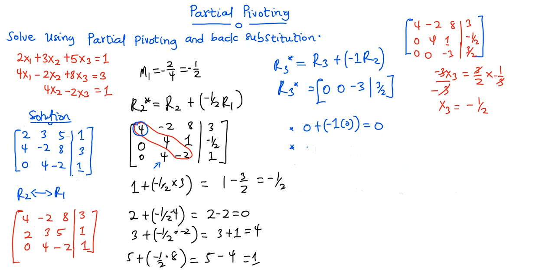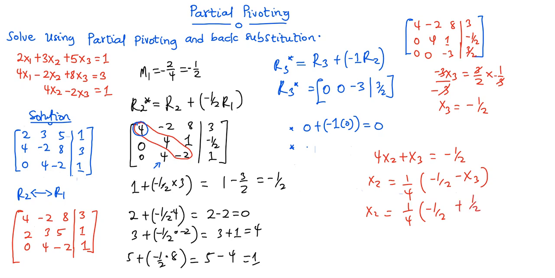For the next row we have 4x2 plus x3, and this is equal to minus half, right? So you're going to have x2 equal to 1 over 4, multiplying minus half minus x3. So x2 is equal to 1 over 4 multiplying minus half minus 1 over 2, so that was plus 1 over 2.